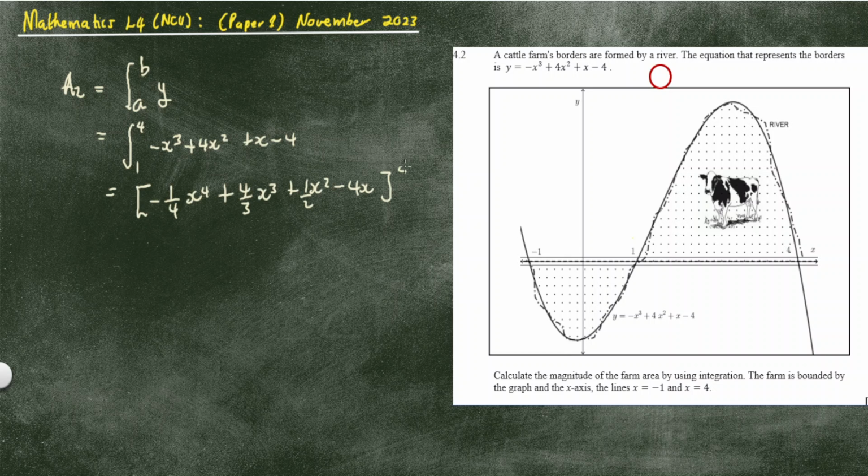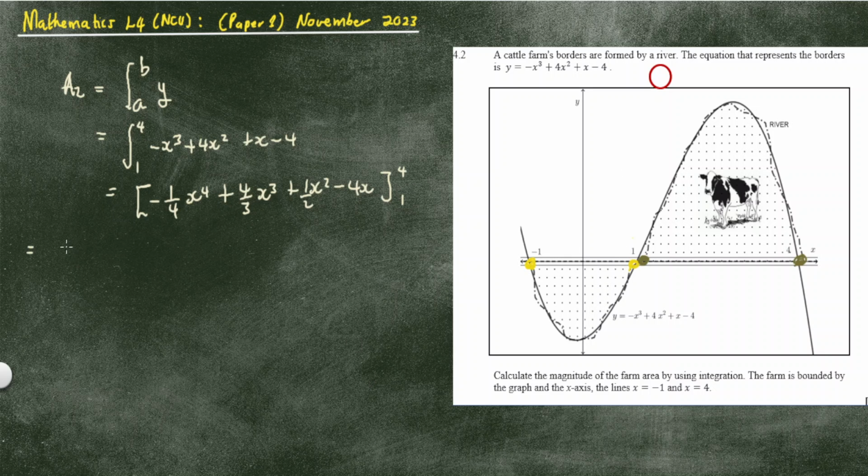Then we're going to substitute 4 and 1. Now where's the 4 and 1 coming from? For the first curve we used minus 1 and 1. Now for this one it starts from 1 and ends at positive 4.